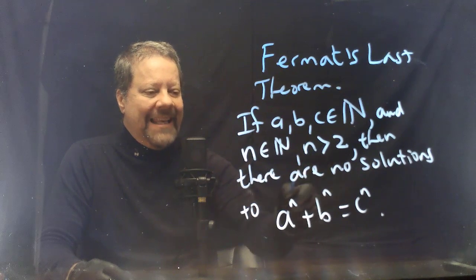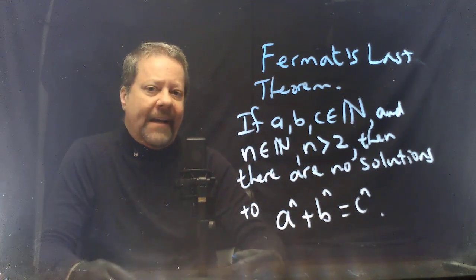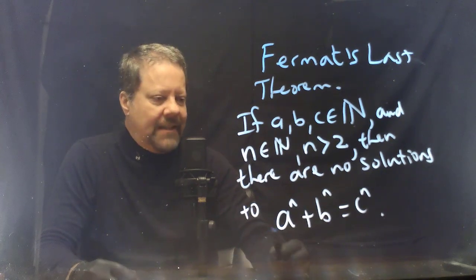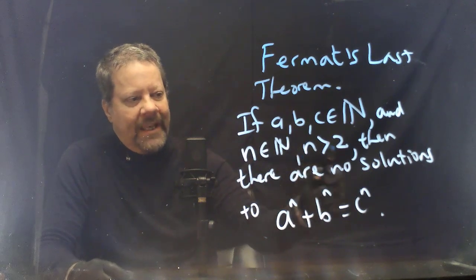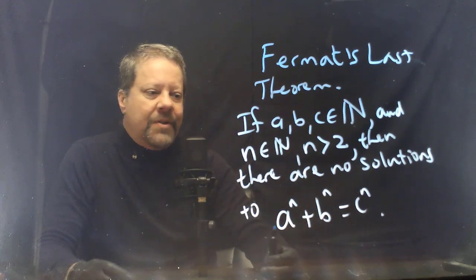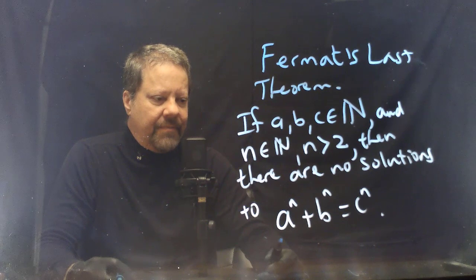We know that when n equals 2, there are many solutions to this equation. We call them Pythagorean triples, like 3, 4, and 5, 5, 12, and 13. But when n is bigger than 2, say you're using cubes or powers of 4 and so on, then there just are no solutions.